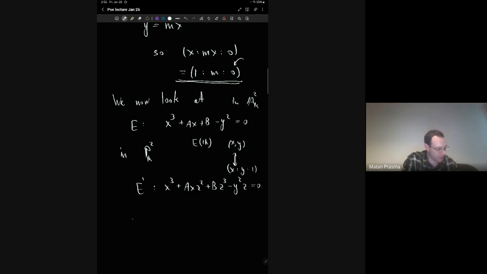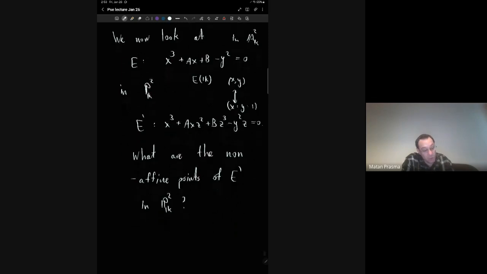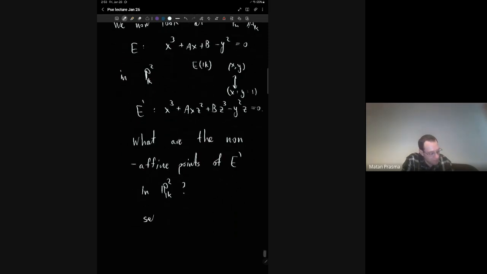So what are the non-affine points of E prime in the projective plane? To do this, I set z equal to 0.